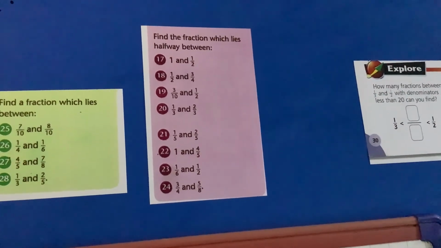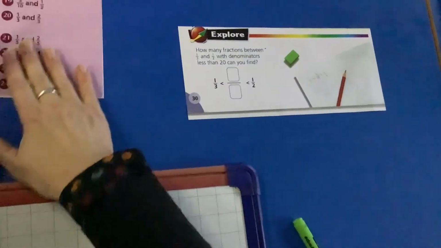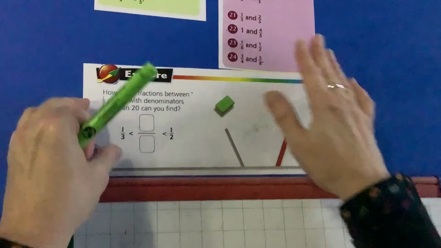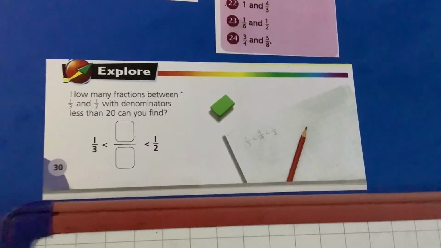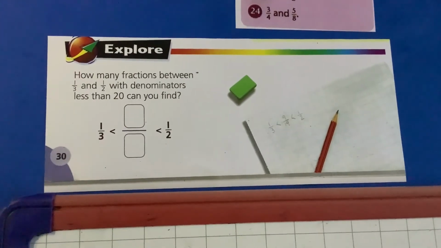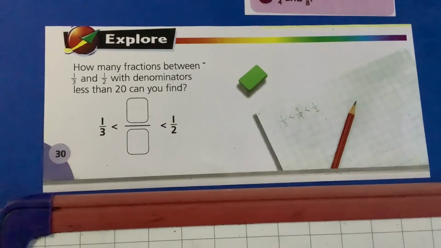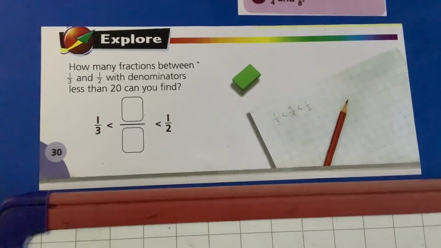Okay, and then the super challenge, if you like. This is more of an investigation, really. It's called Explore. It's from one of the books that we use. Okay, how many fractions between 1/3 and 1/2 with denominators less than 20 can you find?